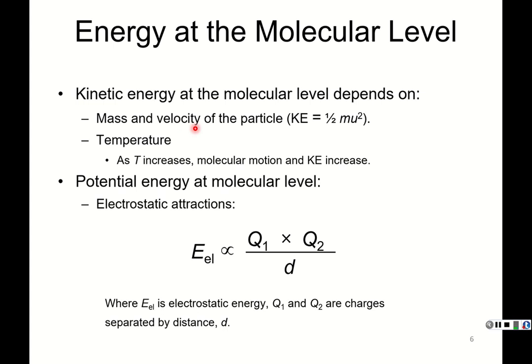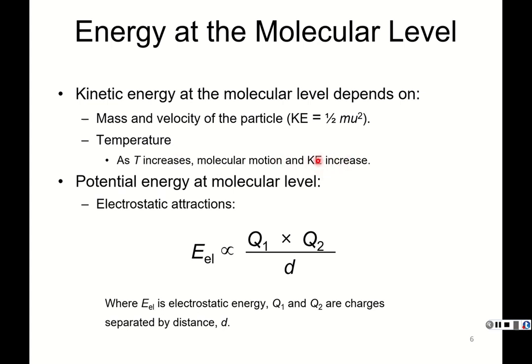Okay, and this is primarily due to temperature. Okay, the mass and the velocity of the particle obviously make a difference, but the temperature, you're not going to change the mass of a particular molecule, right?